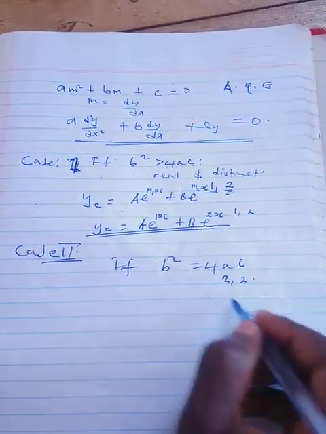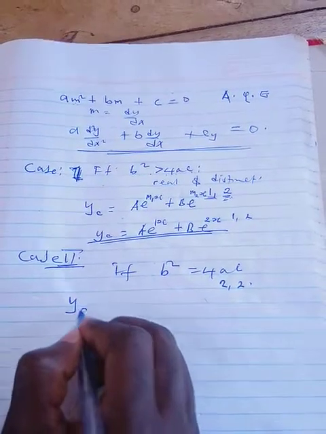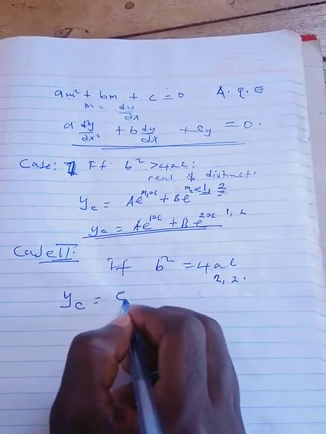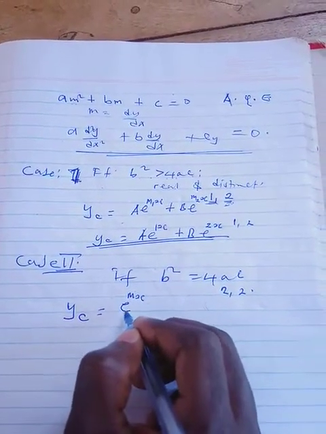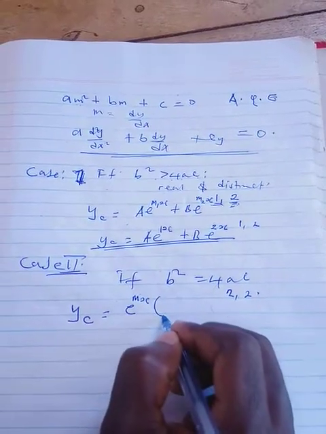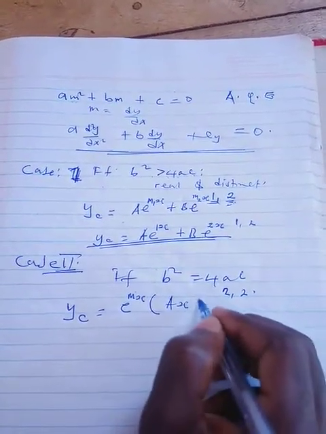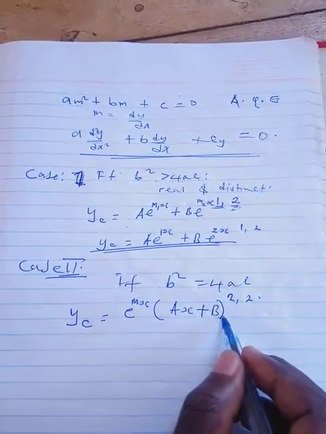How will your complementary solution for that differential equation look like? Our complementary solution will be in the form of exponential of mx into (ax plus b), where you can use any constants.